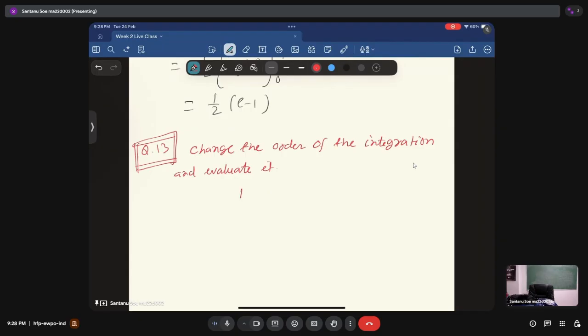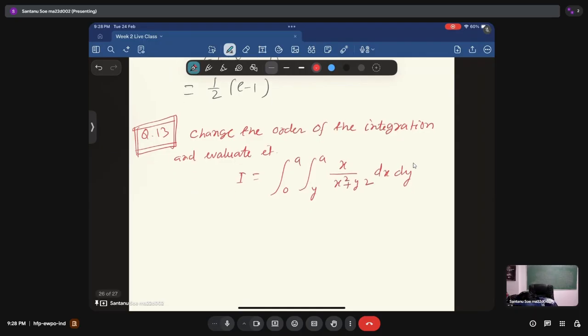So the integration is given like this: I equals to integration 0 to a, y to a, x divided by x square plus y square dx dy. Okay.